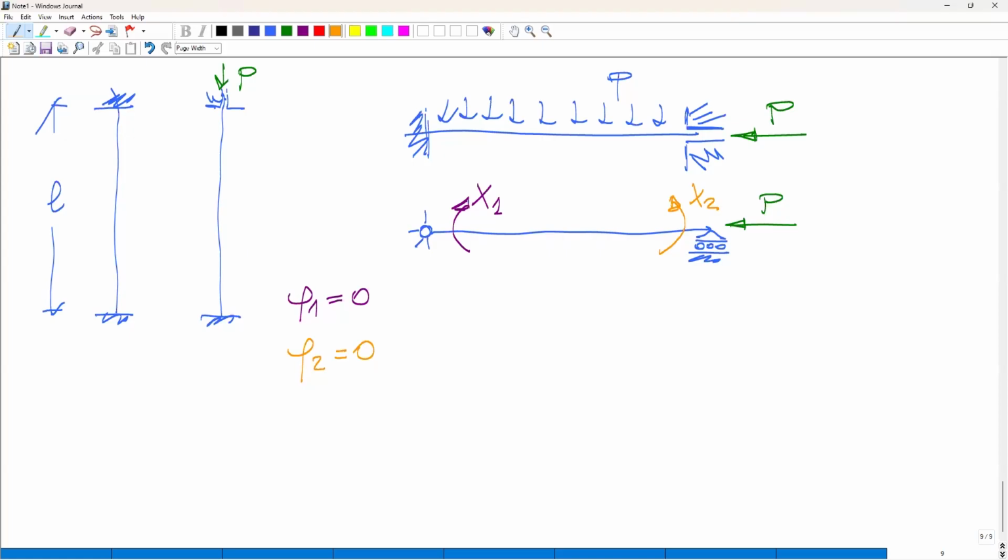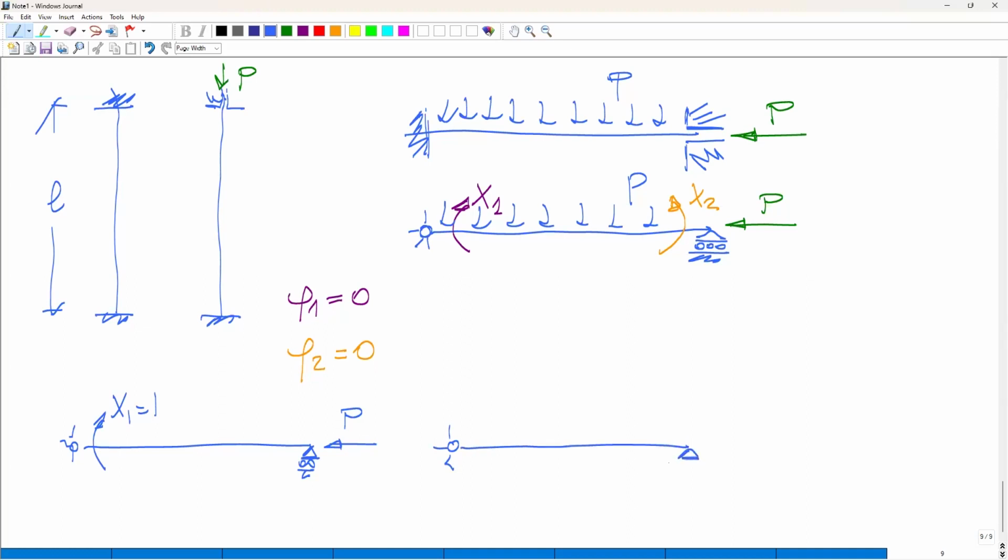So it means that I have to analyze separately the cases: this one, plus this one, plus this one. So you have 3 independent cases.